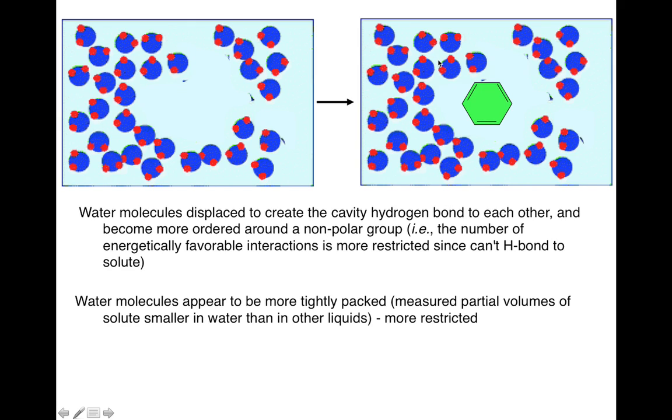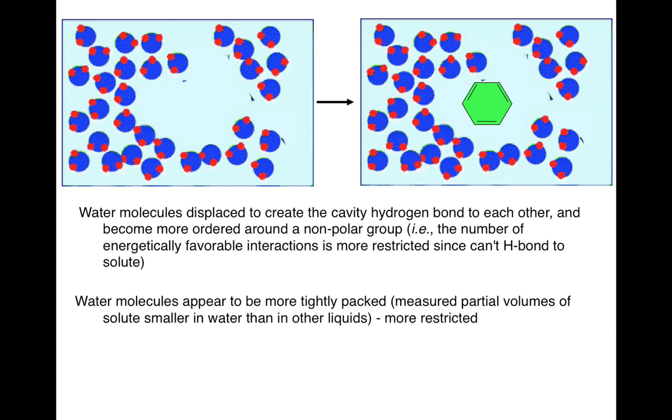It's also found experimentally in solutions that when you measure the partial specific volume of a solute that's in water versus a nonpolar liquid, it's actually smaller, so it tells you that the solution's more tightly packed. So again, the water molecules are more restricted.